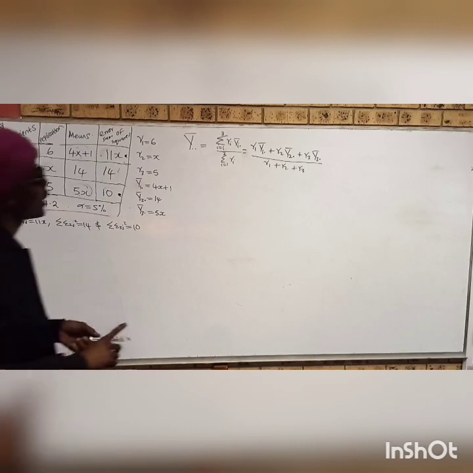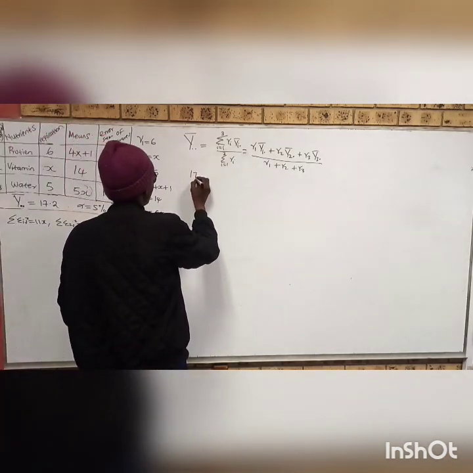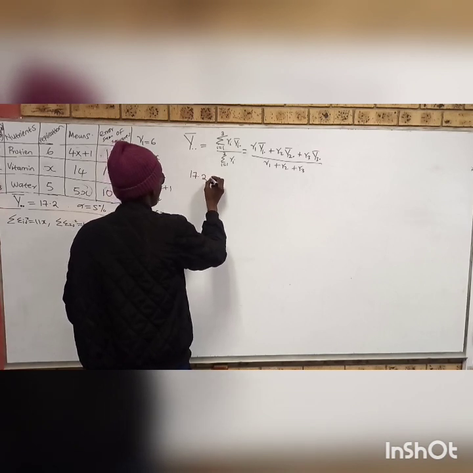That's how we'll find our x. So 17.2 is the grand mean.